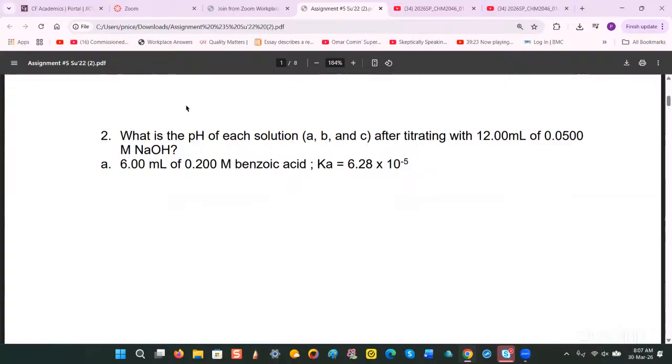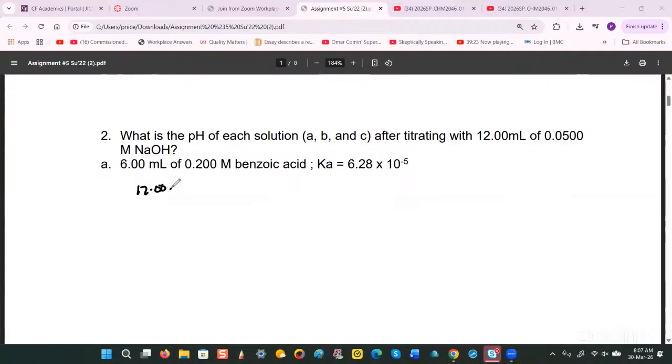So what I would do is start off with 12.00. I think I did this calculation already, but I'm going to do it again in any case.